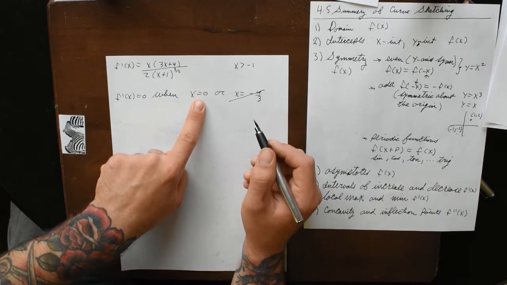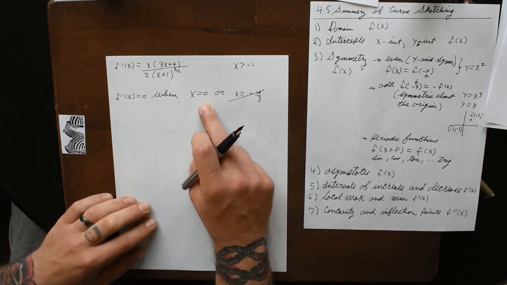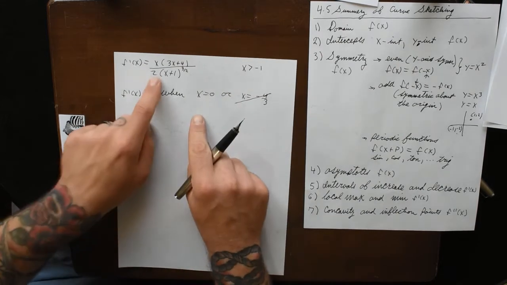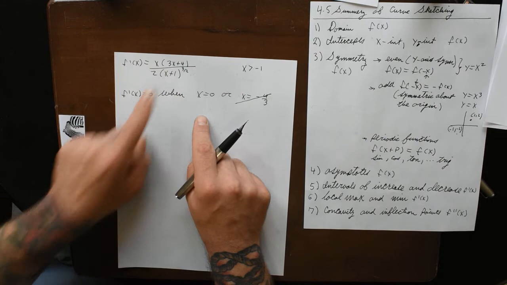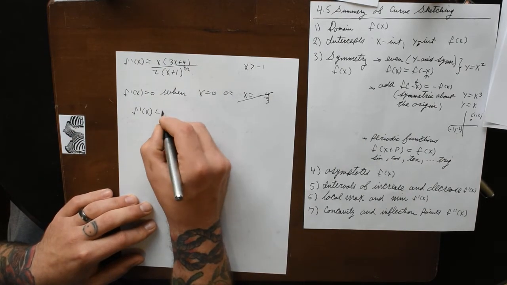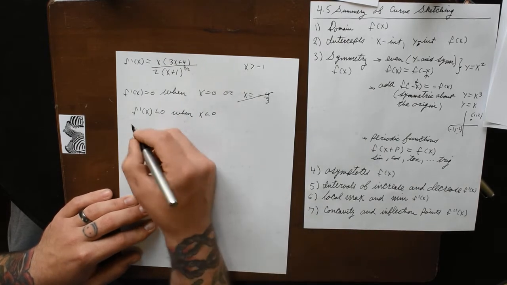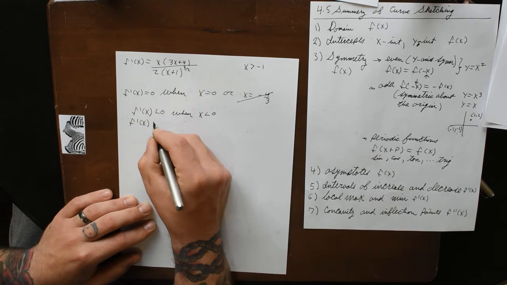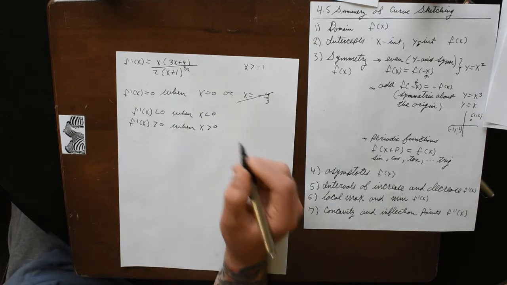We know that when x is equal to 0, that's where this function has a horizontal tangent. And if you look to the left, when x is a negative number, this is negative times positive. So we know that f prime of x is less than 0 when x is less than 0, and f prime of x is bigger than 0 when x is bigger than 0.